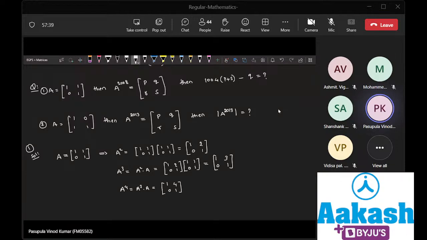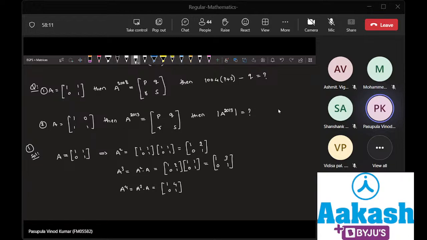So you have to observe, whenever powers are very high, there will be some pattern in the repeated multiplication of the matrix, right? In the repeated multiplication, you are observing one thing in the powers. Here A square, the power is 2, and this element is 2; the power is 3, this element is 3, and the remaining elements are not changing.